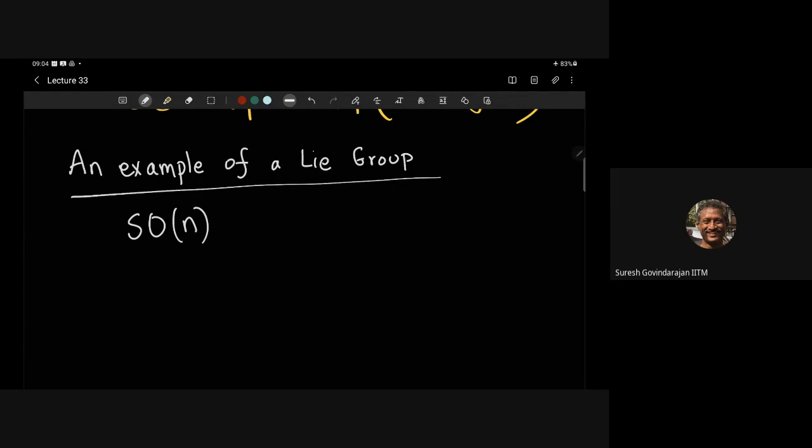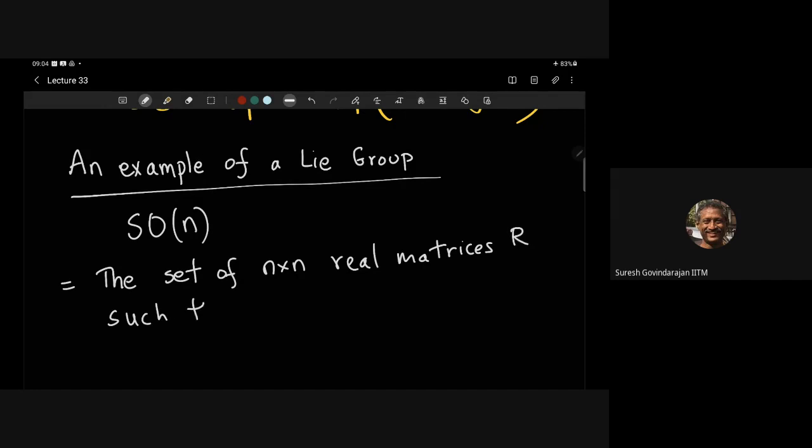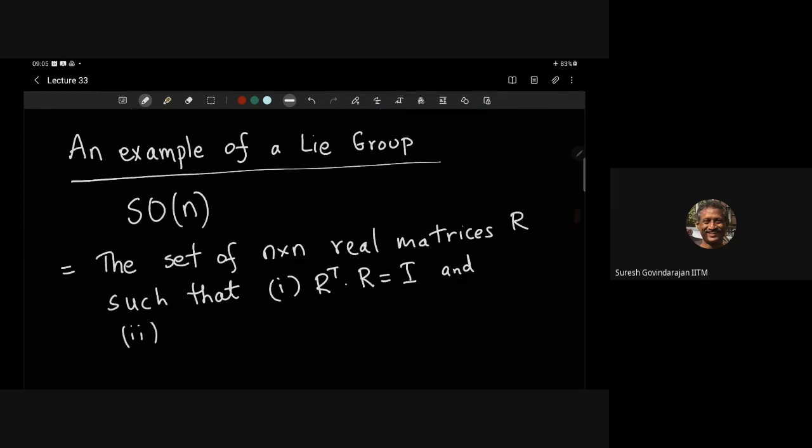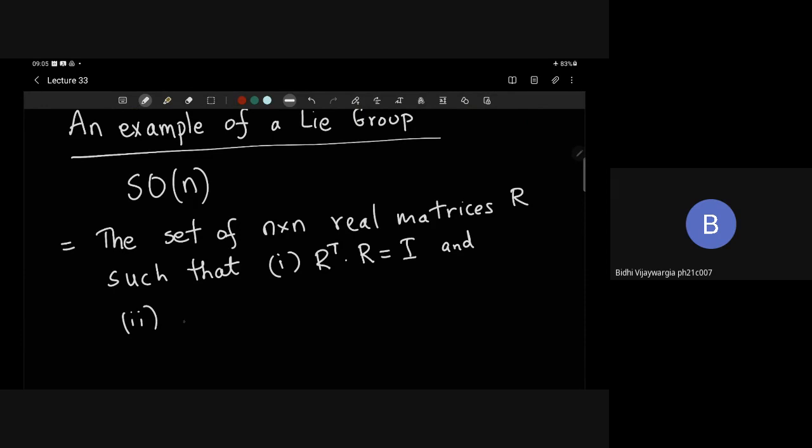It's a set of n by n real matrices such that R transpose R should be identity, and what is the other condition? Determinant one. Yes, okay.